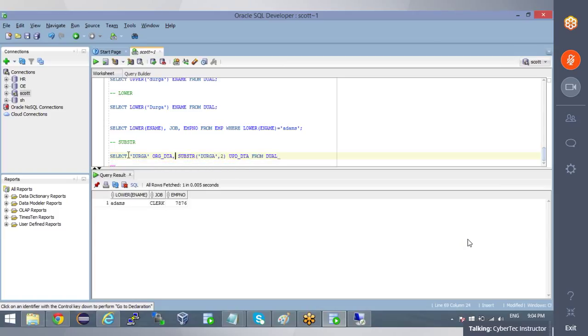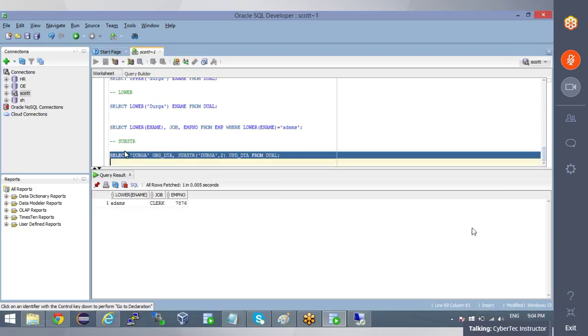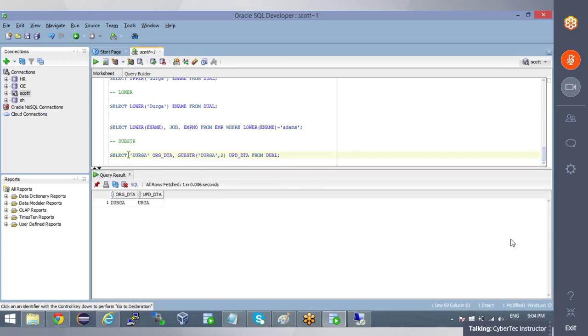Now you see the output. Basically, learning of these functions is with examples. I can give you a definition straightforwardly, but that doesn't make sense. So I'll give you a working example, and based on that we'll derive a conclusion. That way we can understand things in a much better manner.